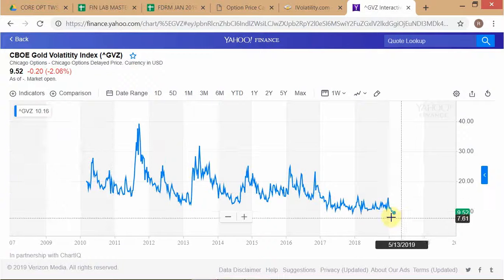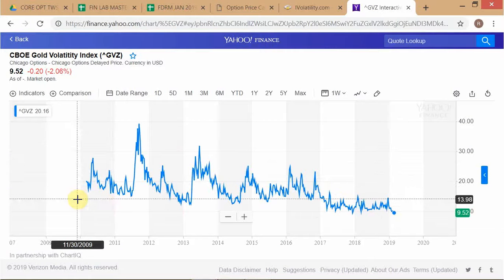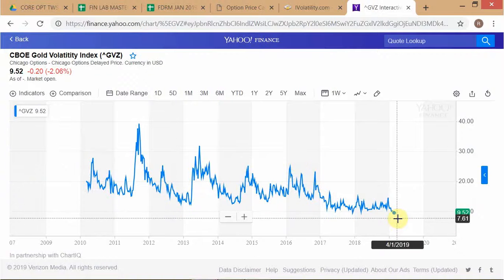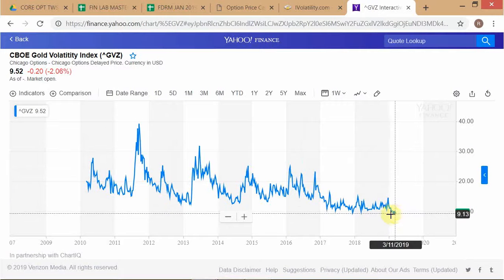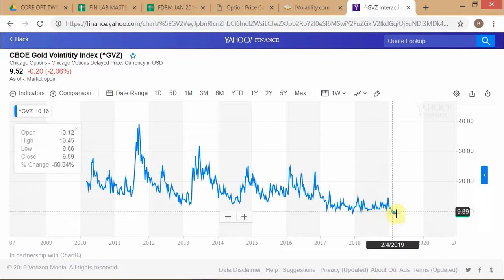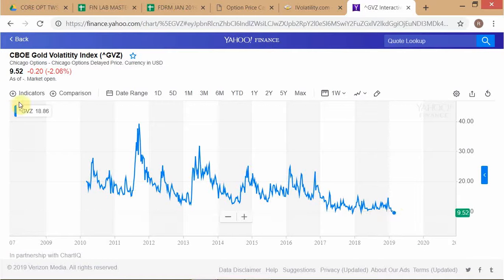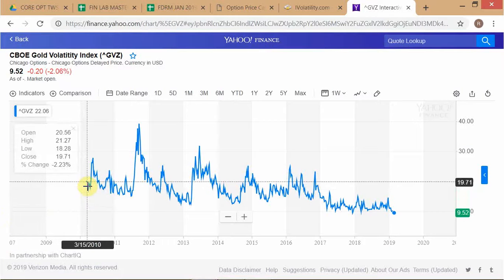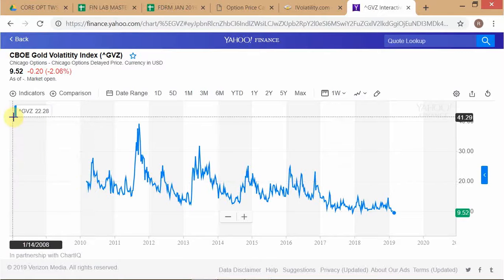At this stage you can see essentially that option prices on the GDX are at their lowest level, probably the lowest level, and there may be some minor differences here, but pretty much close to their lowest level since the data series started, which means in almost 8 years, 9 years, these are the lowest levels of option prices in general for options on GDX.